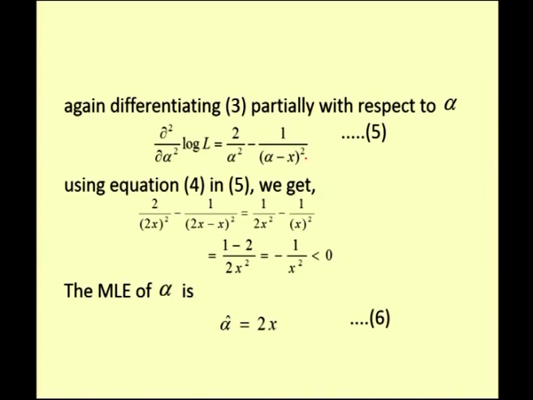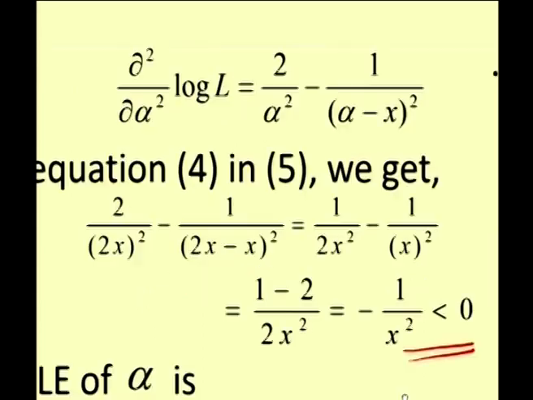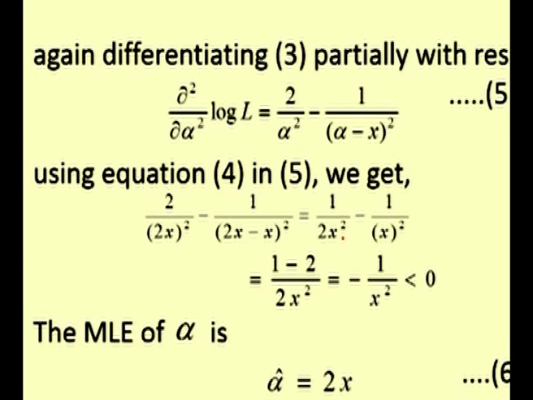Now what we have to do is use equation 4 and 5. That is, equation 4 is alpha equal to 2x. When you put alpha equal to 2x, it becomes 2 by 2x squared, and here it becomes minus 1 by 2x minus x the whole squared. On simplification, 2 and 2 get cancelled, 2 squared is 4, so you will have 1 by 2x squared.